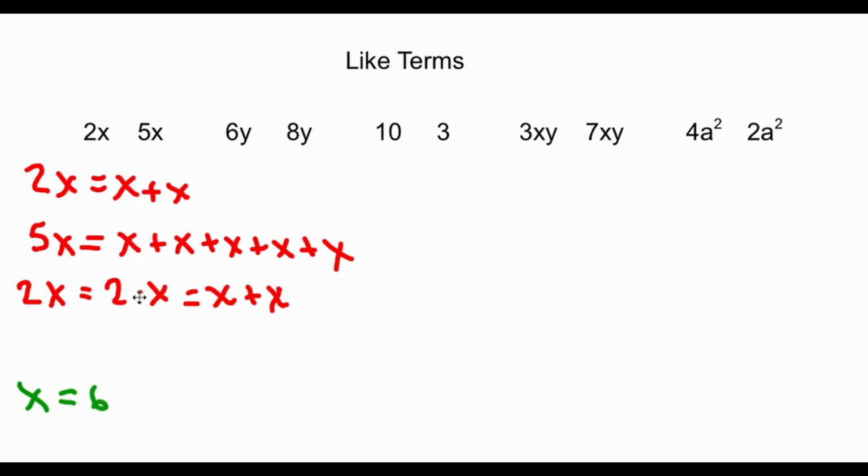Well, the 2 times x would become 2 times 6, whereas the x plus x would become 6 plus 6. 2 times 6 would give us 12, and 6 plus 6 is also 12. So as you guys can see, that 2 times x is actually equal to x plus x.